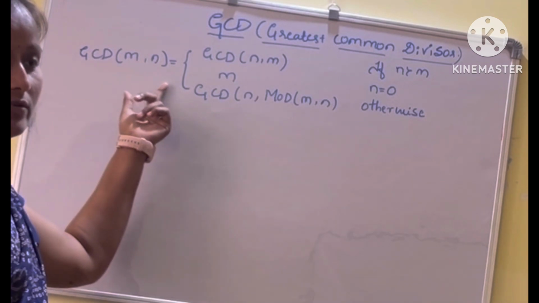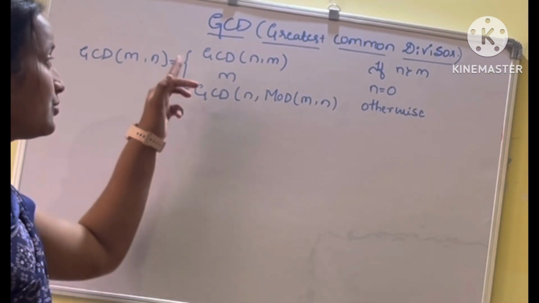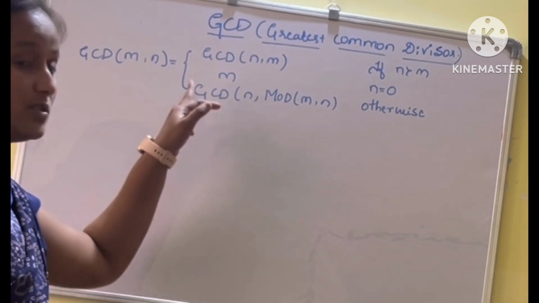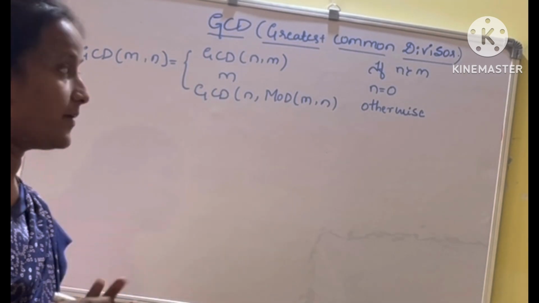Now, to find the GCD of numbers, there are three conditions. Either we go with this condition, or this one, or this one. There are only three possibilities.